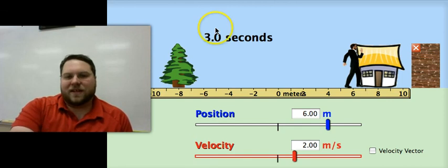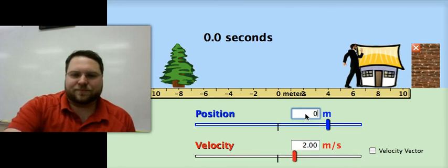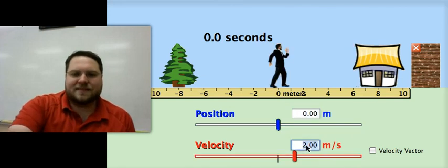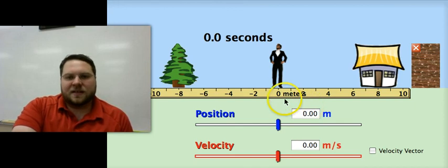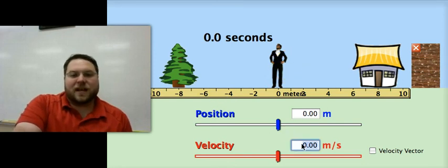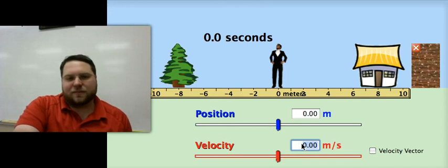Now the way that manifests in this particular simulation, I'm just going to reset this, is that in this simulation, what's used for direction are plus and minus signs. So you can see from where the moving man is, all the negative numbers are to the left, all the positive numbers are to the right. And so with the velocity, we can give a direction by saying plus or minus.